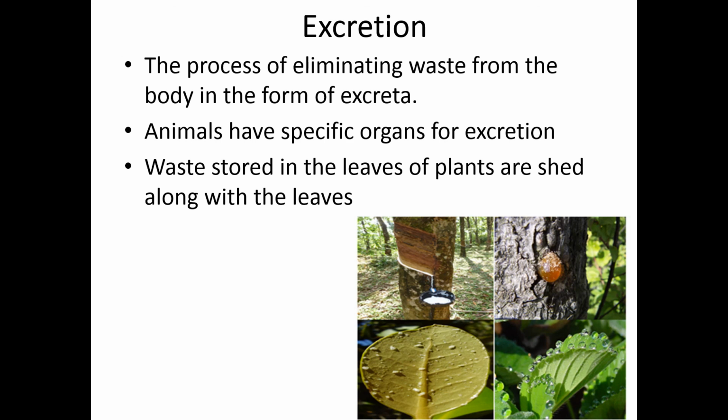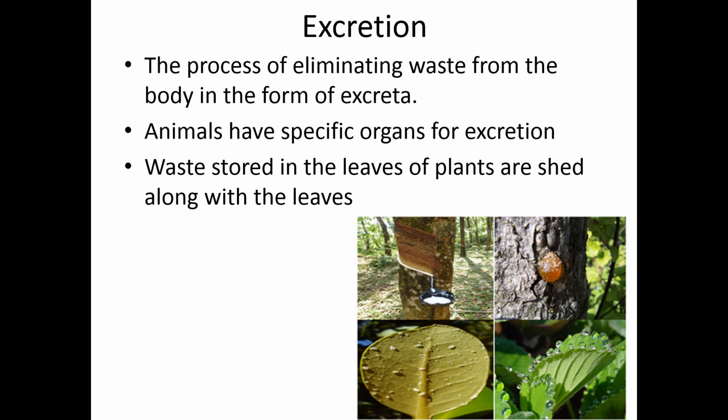The first picture shows that there is gum coming out from the gum tree. Gum, or rubber, which is used to make various materials, is actually the excreta of the plant. It's the waste that comes out of the plant. The next picture, the top right, shows resin.